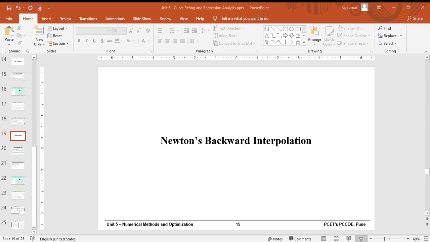Then next problem. Again, this is a similar problem, but the way it is asked, it may be confusing to you. So using Newton's backward difference formula, so the method is mentioned. Construct an interpolating polynomial. Again, here also you need to write the equation for a polynomial of degree 3.